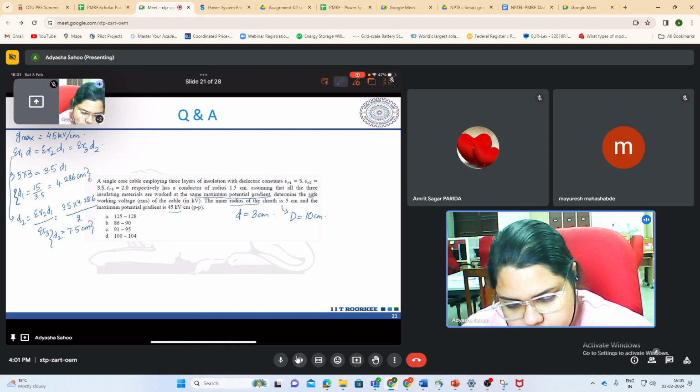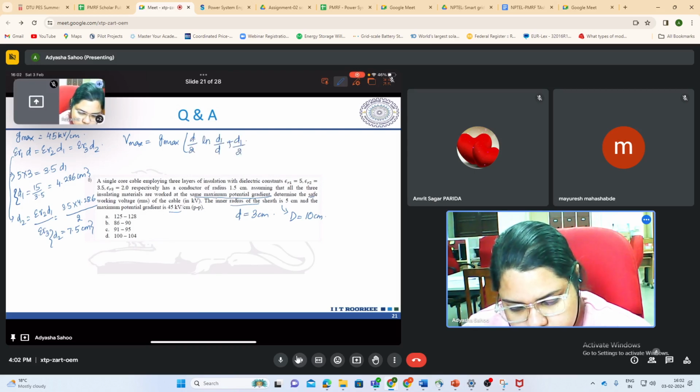So for the maximum Vmax, we get as Gmax d by 2 ln d1 by d, plus d1 by 2 ln d2 by d1, plus d2 by 2 ln D by d2.